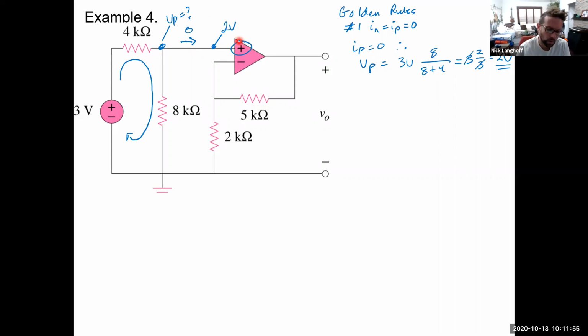And take a look, we've got a feedback resistor RF, 5K, between the output and the inverting terminal. And we've got the inverting terminal connected down to ground through a 2K resistor. Well, that is a non-inverting amplifier. So at this stage, we'll solve this 2 ways.